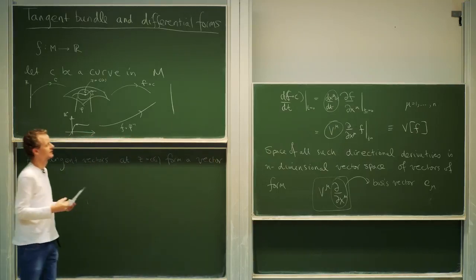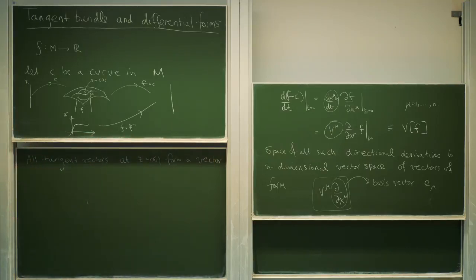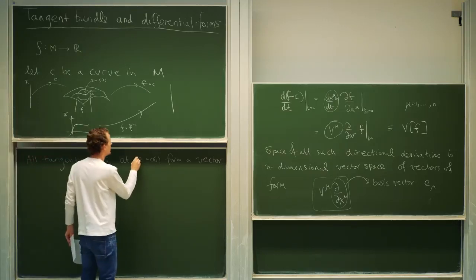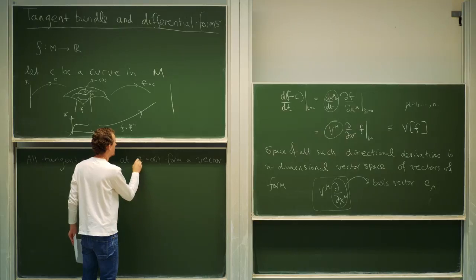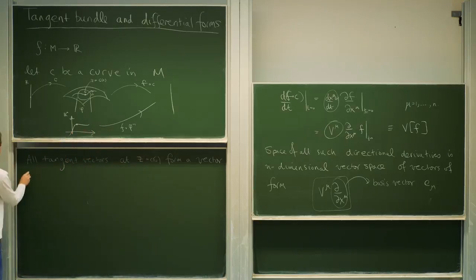So all the tangent vectors that you could write down according to this definition at a point z equals c naught, they form a vector space. So you have to kind of work to convince yourself of that fact.